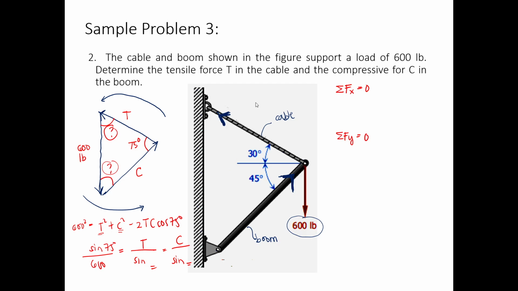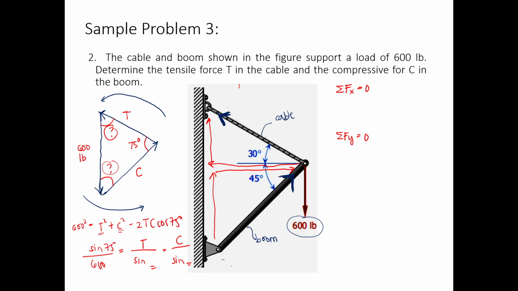Okay, so again, if we're going to create a triangle here, the triangle above for the cable is going left and then going upward because it is tension. The other is going up still but going to the right.